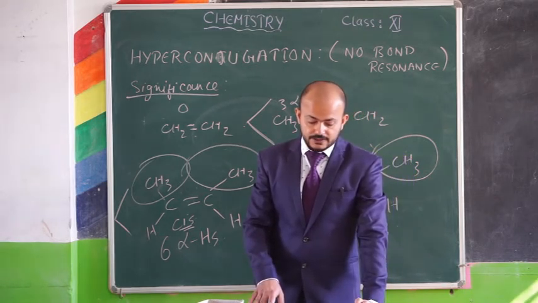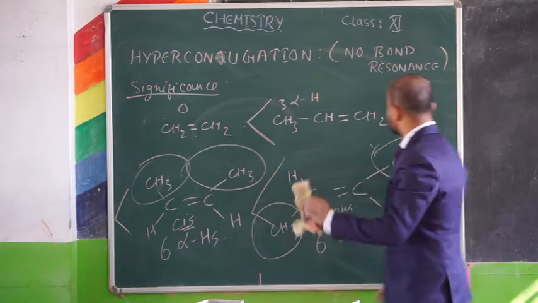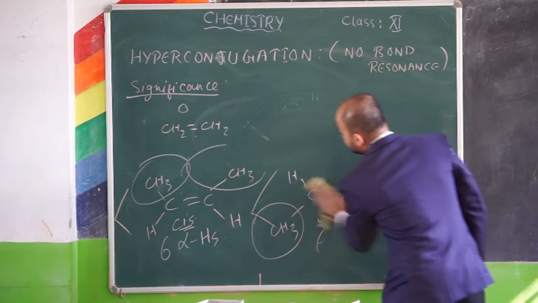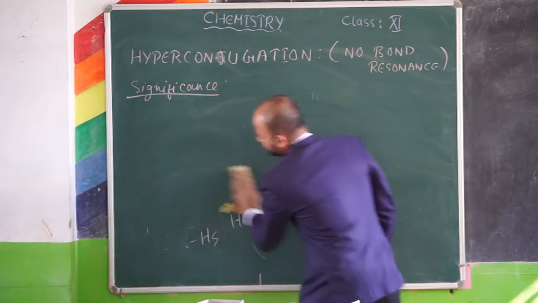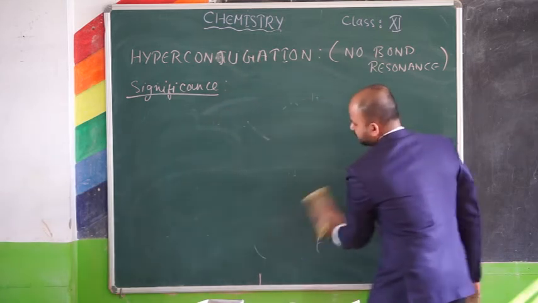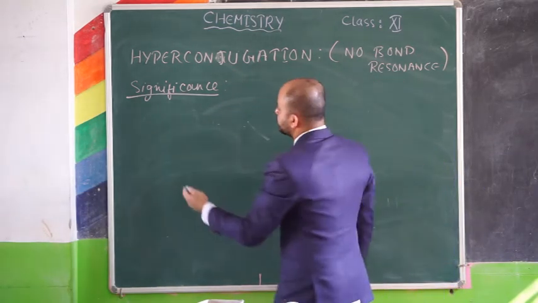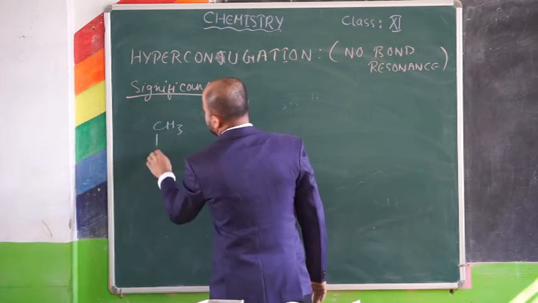And there are a few other examples. Okay, directive influence is given, and let me tell you, whenever this CH3 group is attached to the benzene ring, it will always be an ortho-para directing group. Now say this CH3 group is attached to the benzene ring.